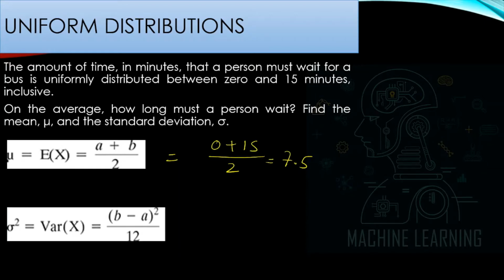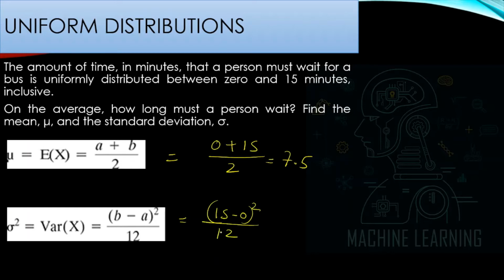Next, we have to calculate the standard deviation. So we know the formula for variance. Once we calculate variance, to find the standard deviation, we just have to take the root. So let's first calculate variance. Variance is going to be (b - a) whole square, which means (15 - 0) whole square divided by 12.